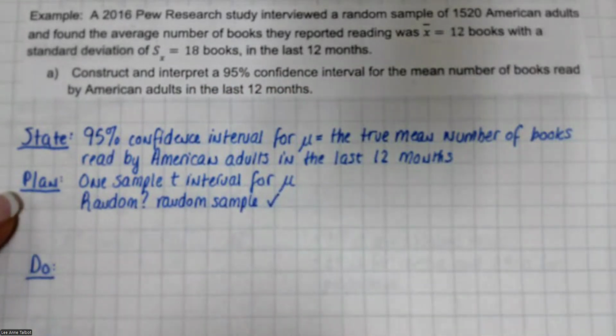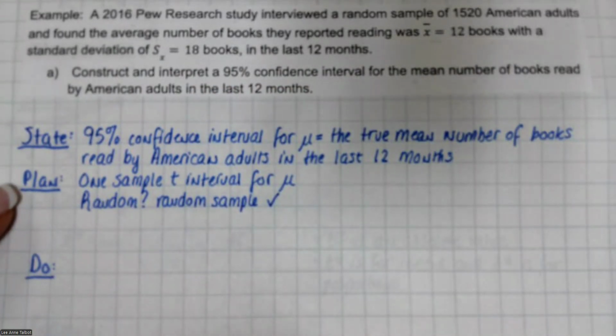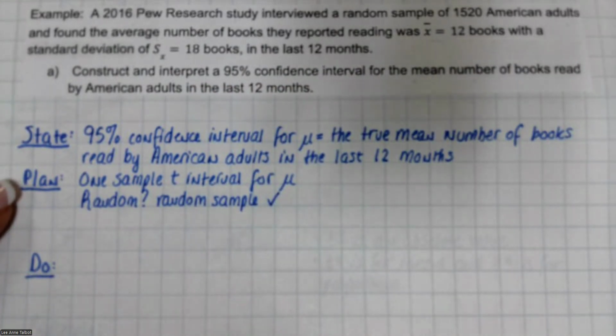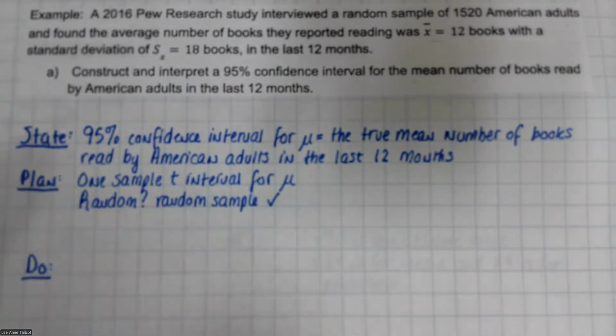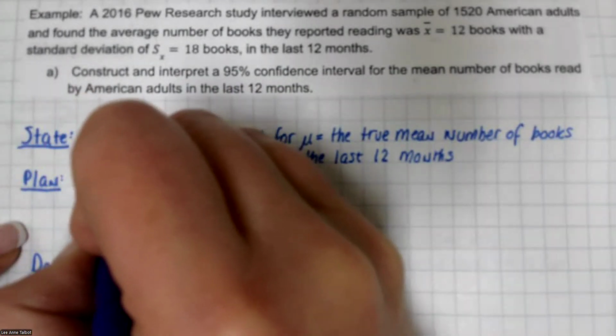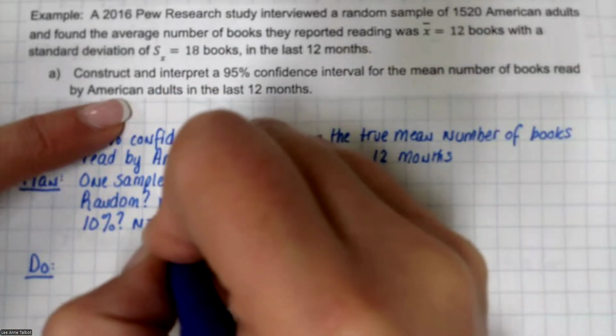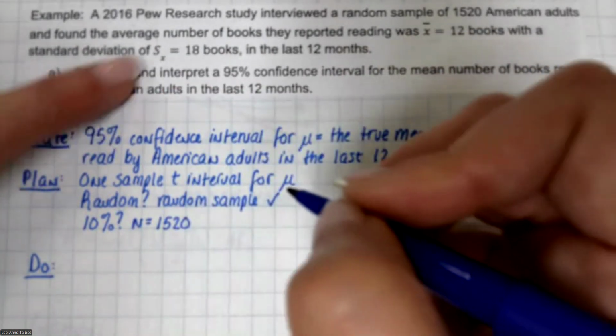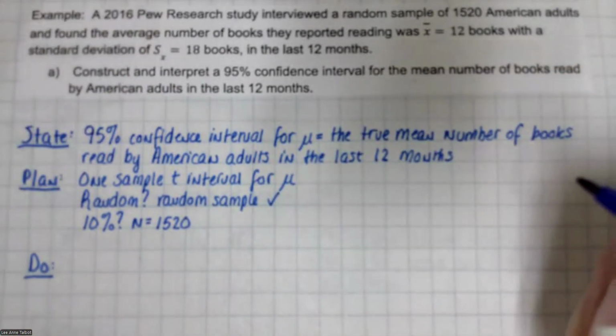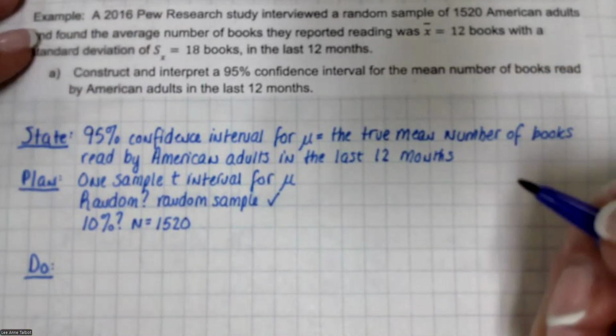Random sample. Oh, a big random sample. Whew, I guess the CLT is definitely going to apply here. Great. 10%. N equals 1520. Pew Research, by the way, is a real research firm that actually does studies like this.